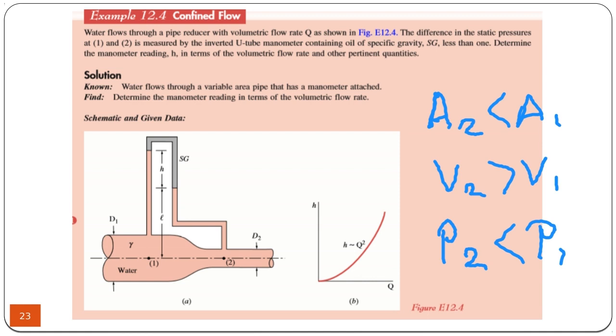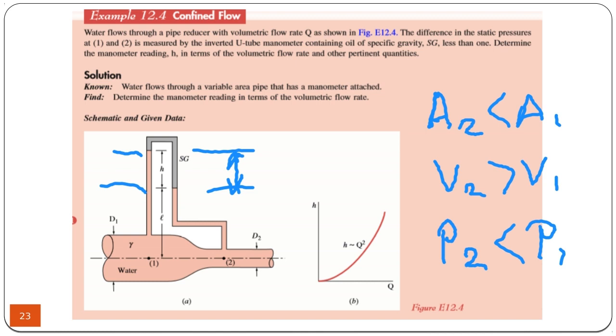So this reduction in the pressure can be seen here. You can see that there is an increase in the pressure in the left-hand side, and this is because of this acceleration in the flow, which results in a pressure reduction.